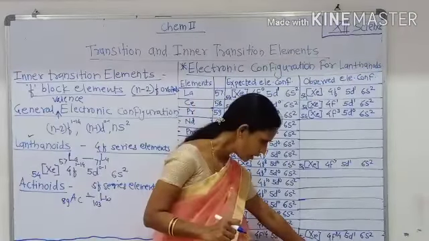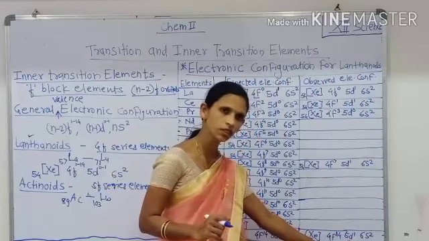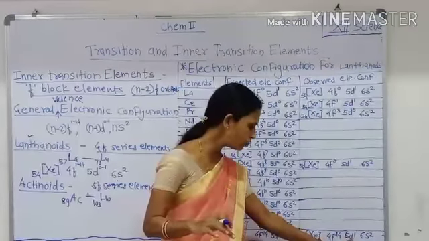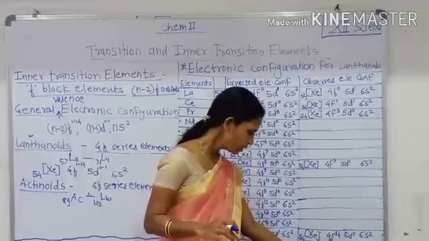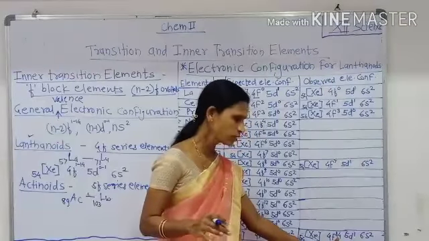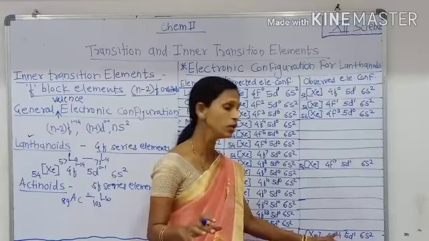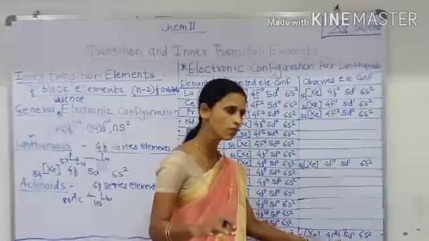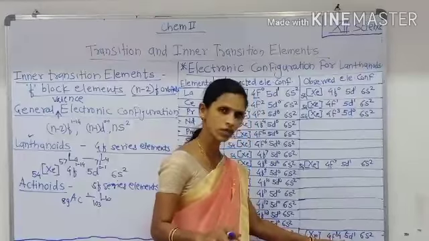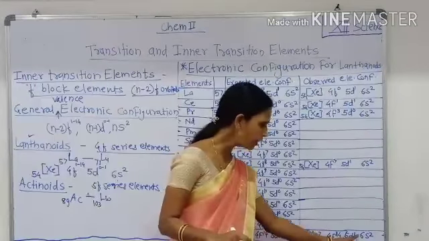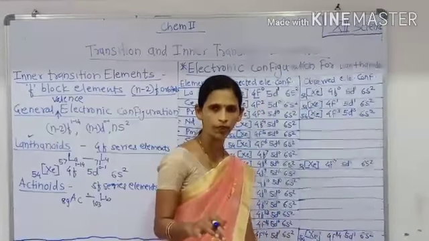Here also 1 electron enters the 5d orbital, because here the 4f orbital has 14 electrons, that means the 4f orbital is completely filled. Therefore, to maintain the stability, to become more stable, 1 electron enters the 5d orbital.